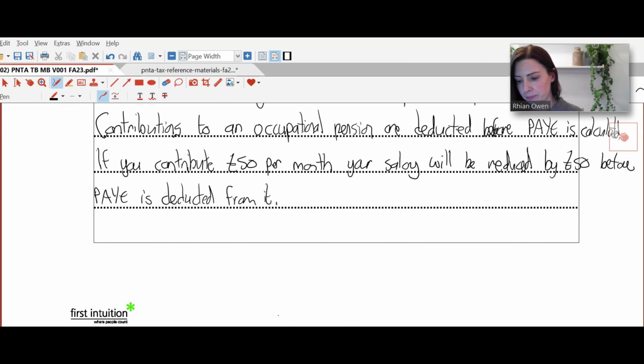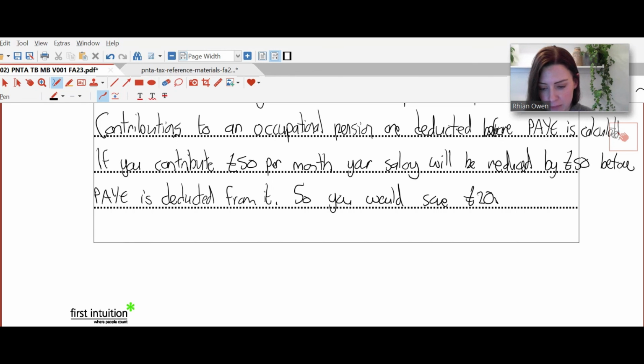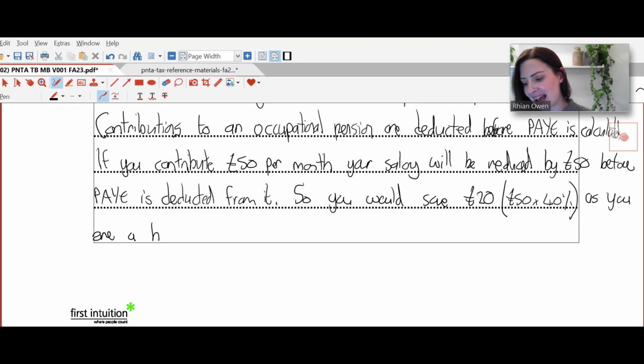So you would save £20. So as you're a higher rate taxpayer, it would be the £50 times 40%, which gives us a £20 saving.